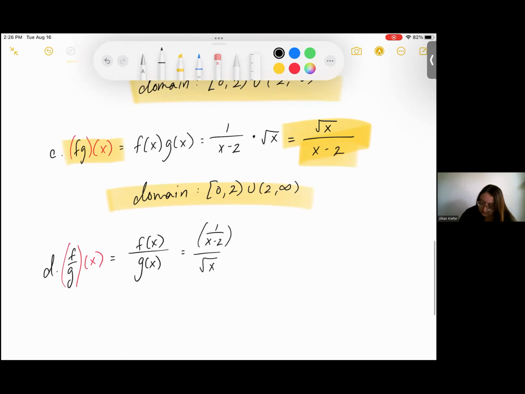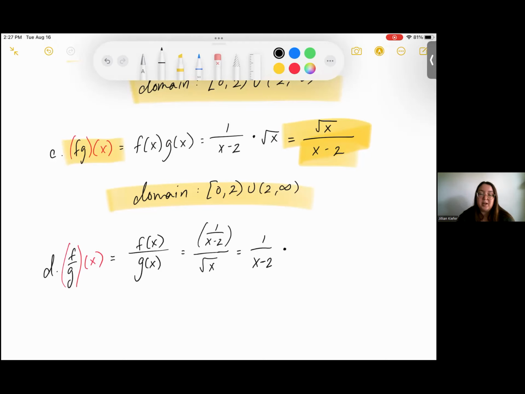And G of X is the square root of X. We've got a really ugly looking function here, so we want to simplify this. We want to remember that division is the same thing as multiplying by the reciprocal. So we're going to keep that 1 over X minus 2 the same. But now instead of dividing by the square root of X, we're going to multiply that by the reciprocal of the square root of X.